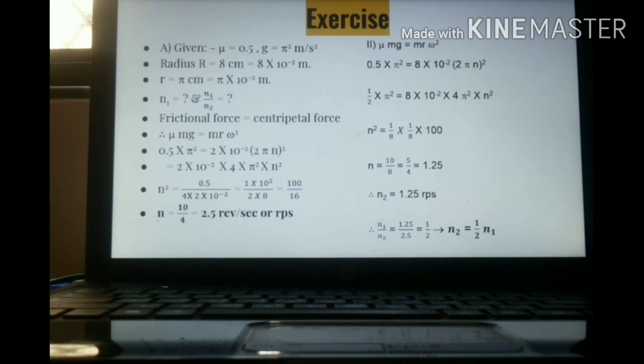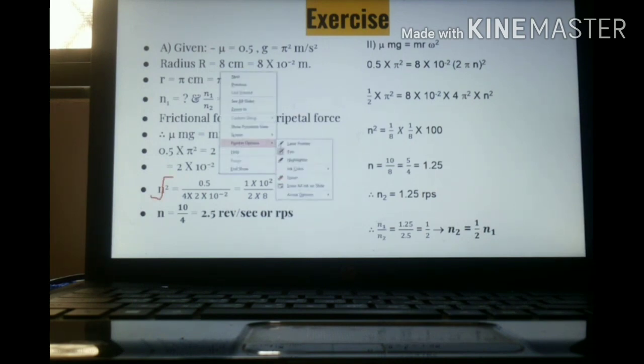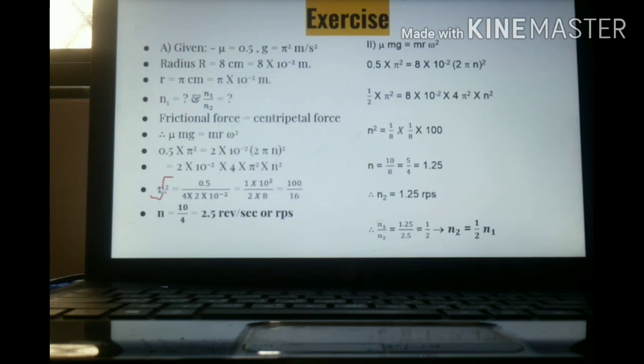After taking the square root, the square root sign will go away, and the square root of 100 is 10, and the square root of 16 is 4. So we get 10 upon 4. After solving, we get the answer as 2.5 revolutions per second.